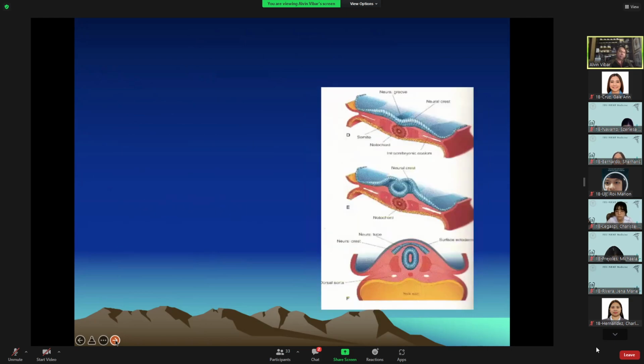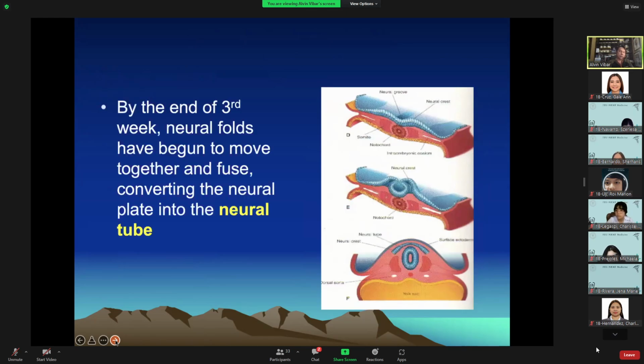So here's a summary of the picture showing you the conversion of the neural plate to the neural tube. Again, you start here, first step, neural plate formation, coming from ectoderm over the developing notochord. And then the neural plate will have two parts. What are the two parts again?